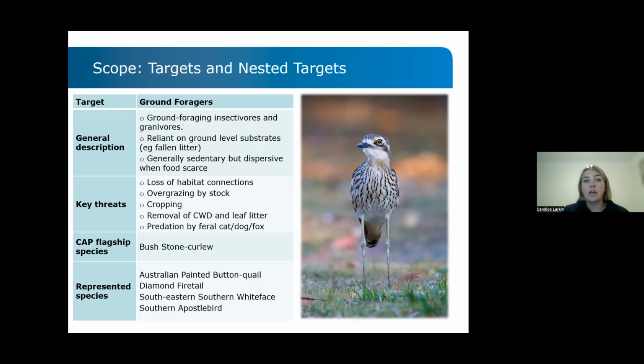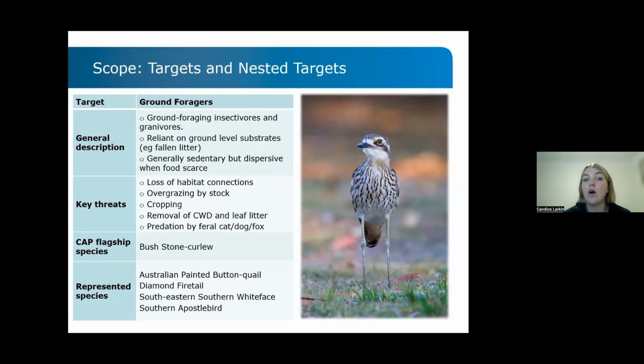So a general description, these are your ground foraging insectivores. They're reliant on ground level substrate. And while they are generally sedentary, they can be dispersive when food is scarce. Obviously, their key threat is loss of connectivity within the environment. If they're on the ground a lot of the time trying to move around, they can be at risk from predation from foxes, cats, dogs.